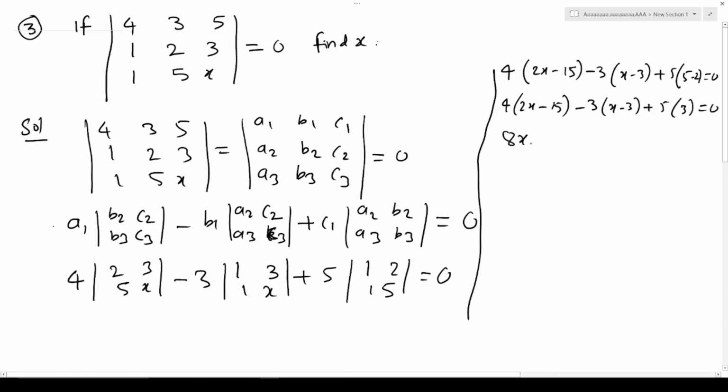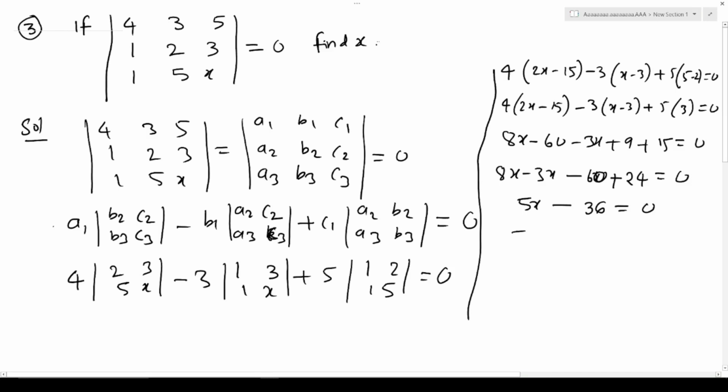Opening all the brackets: 8x minus 60 minus 3x plus 9 plus 15 equals 0. So 8x minus 3x minus 60 plus 24 equals 0, 5x minus 36 equals 0. 5x equals 36, x equals 36 upon 5. This is the required answer.